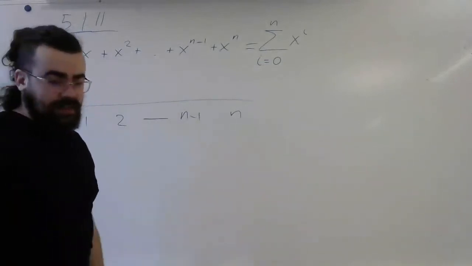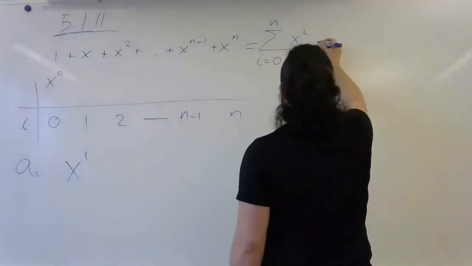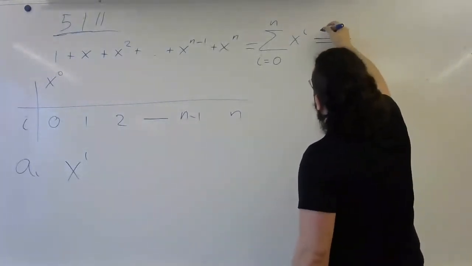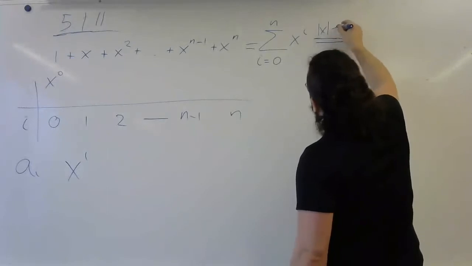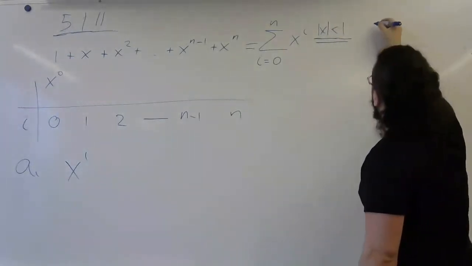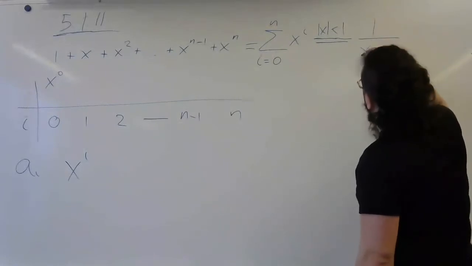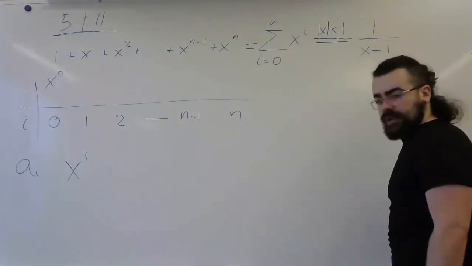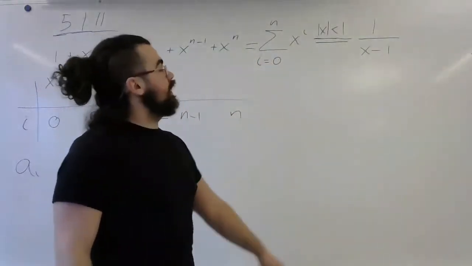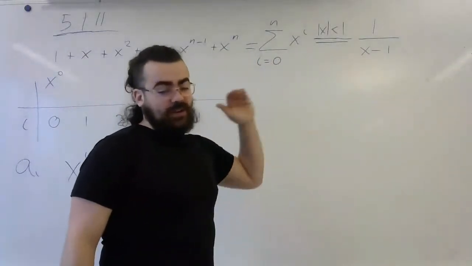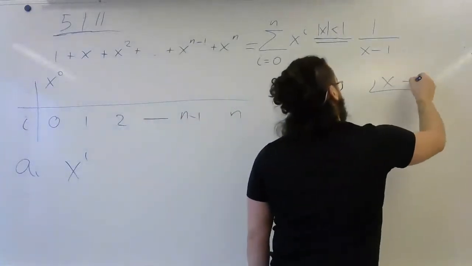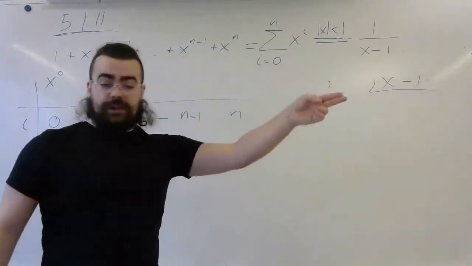And now comes the interesting part. If the absolute value of x is smaller than 1, this is no other than 1 over x minus 1. If you want to prove this, you do your typical polynomial division in this way, and you will see.